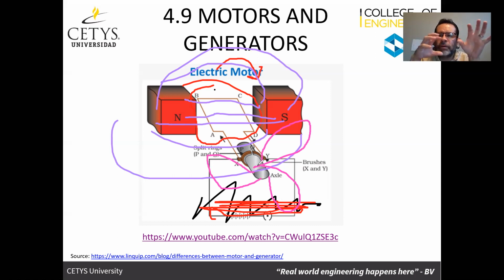And Pedro uses his wind power to move that. What's going to happen? The same thing Omar mentioned. We're going to have a current being generated because of the movement.